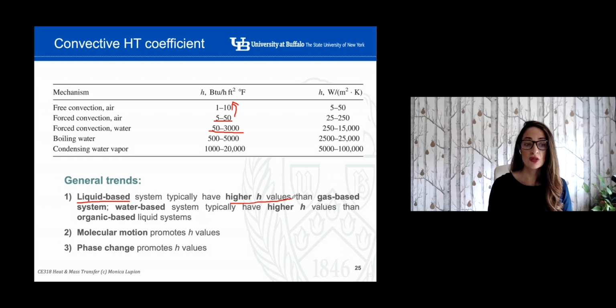Also, when there is a phase change, for example, if there is some boiling water or condensing vapor, the value of the convective h coefficient will rise quite a lot, as you can see here in this table. When we compare boiling water and condensing vapor to any natural convection, that is, when there is a phase change, we are promoting the values of h, and we will have a high rate of heat transfer.